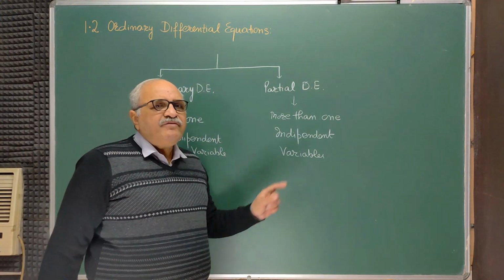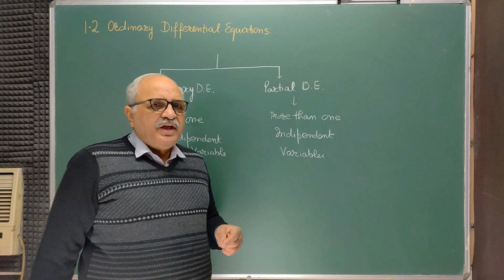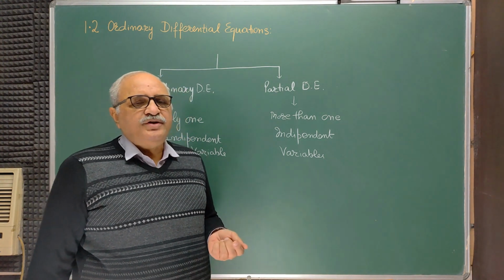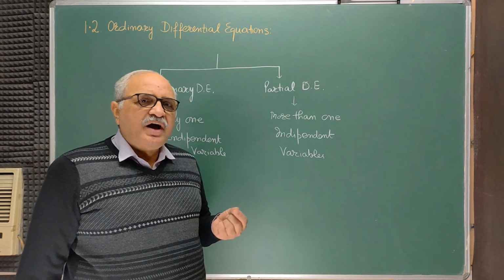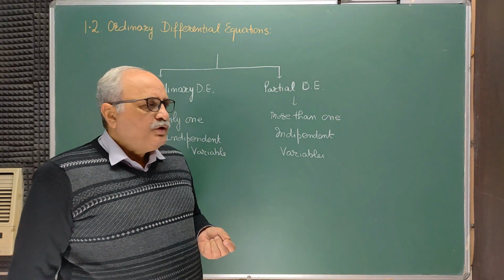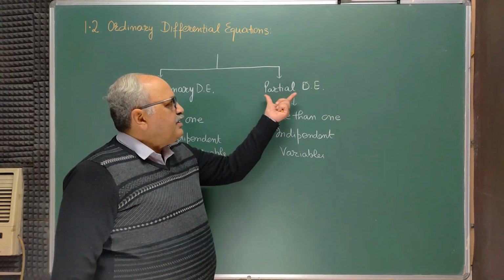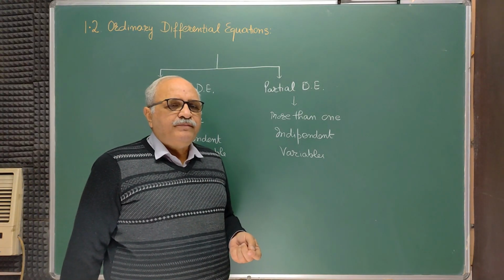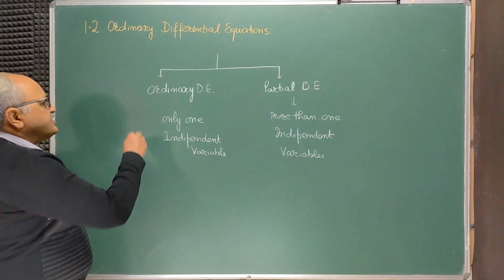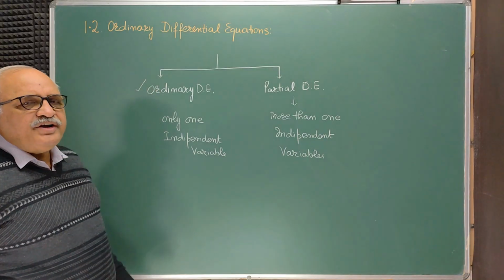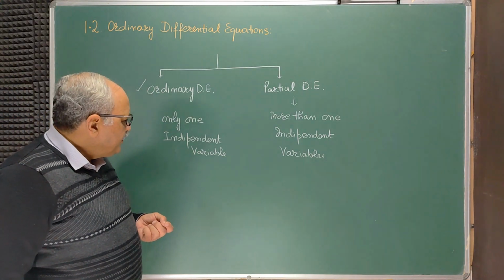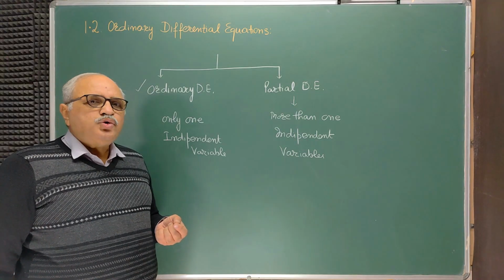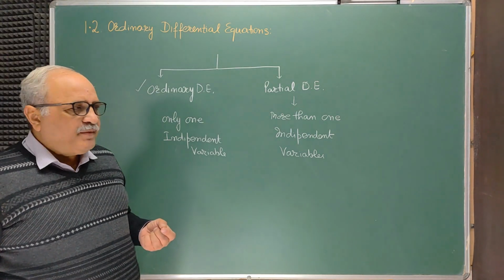Obviously, when you have a number of variables, we cannot go directly to the differentiation. We have to take the partial differentiation. So you will find in the partial differential equation the partial derivatives are involved, but we'll restrict ourselves only to the ordinary differential equation. Now there are again two important terms to remember.